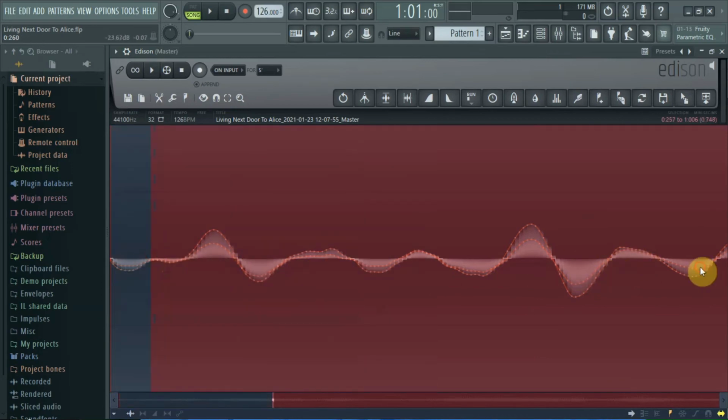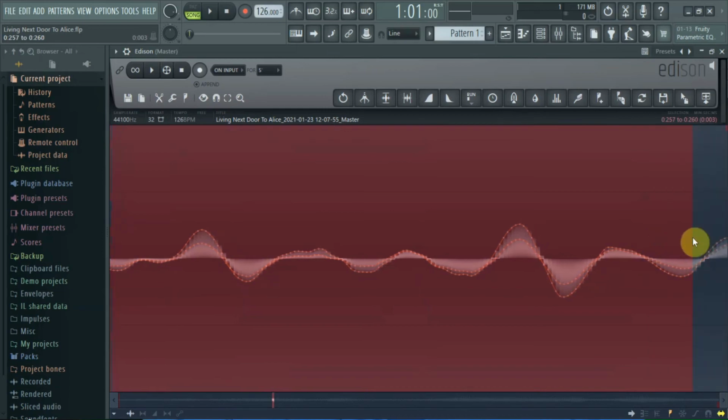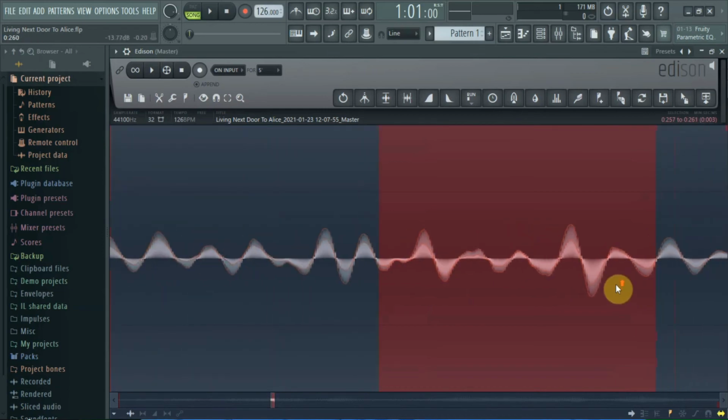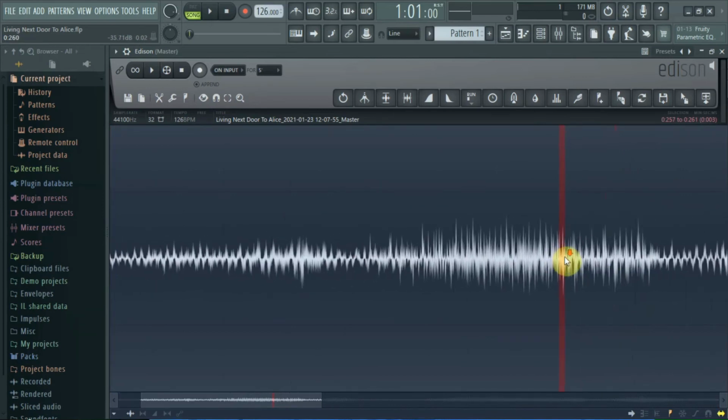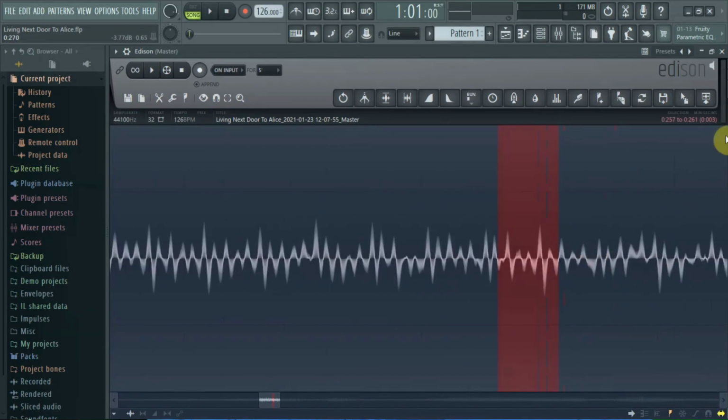So I could say, for instance, that I now have, let's say, this section over here. Okay, and that section in comparison to the 1 second that we have is now 0.0003 seconds.